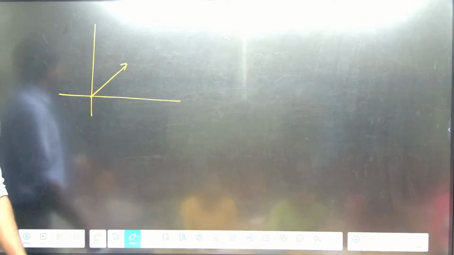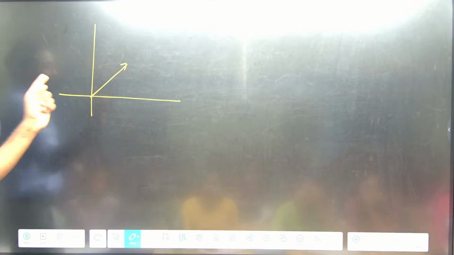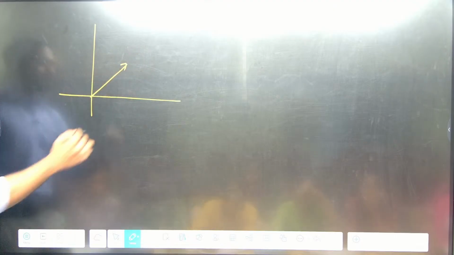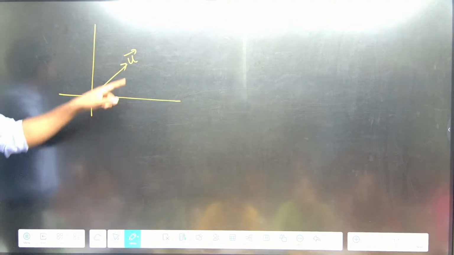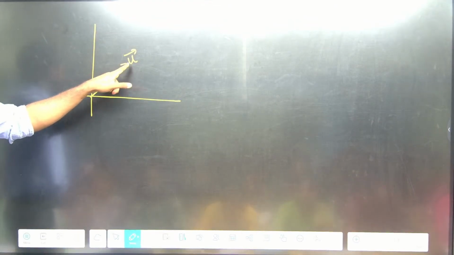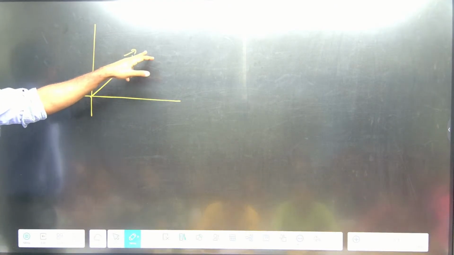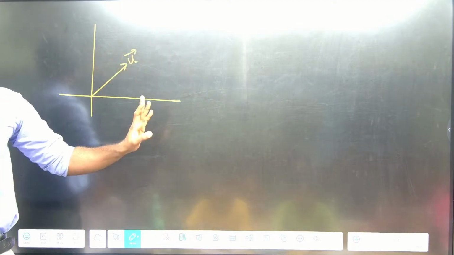Suppose I am throwing an object in this direction. It has a direction, which means it's a vector with some velocity, u.